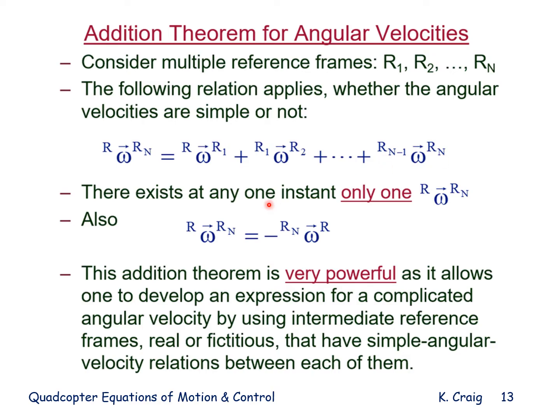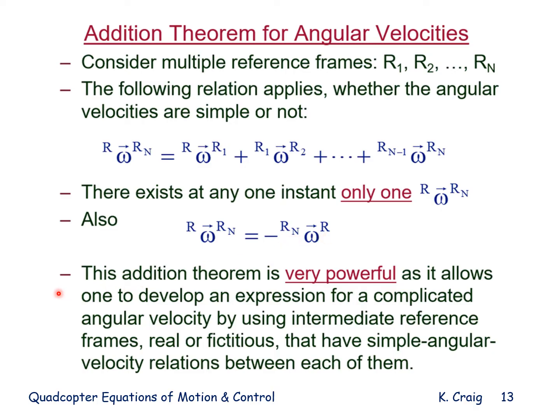There exists at any one instant only one angular velocity of R sub n in R. Also, note that the angular velocity of R sub n in R is the opposite of the angular velocity of R in R sub n.